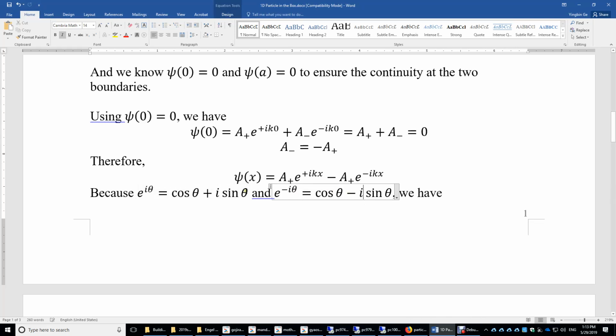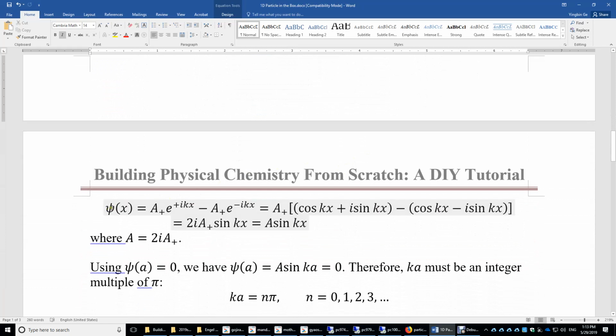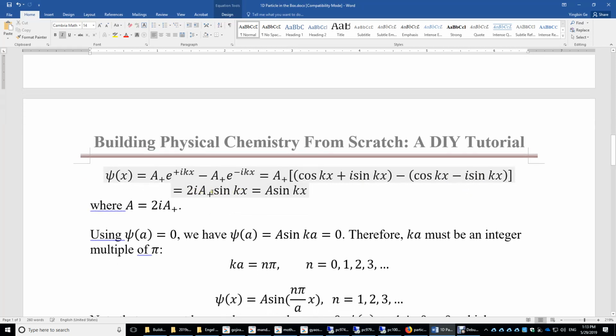So we plug in these two equations here, and then we have psi of x is equal to, again, we expand the e to the power of ikx, e to the power of negative ikx. The result is 2i times A plus times sine kx, and A plus can be any constant, therefore we set A to be 2i A plus. This is just to simplify the expression of the wave function.